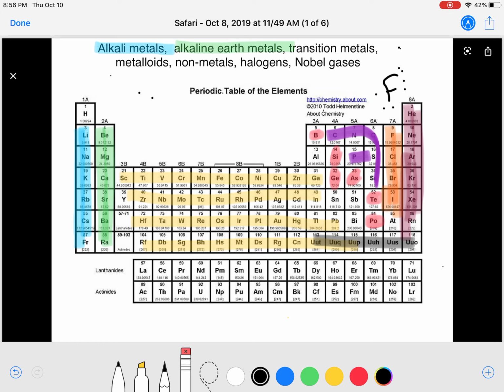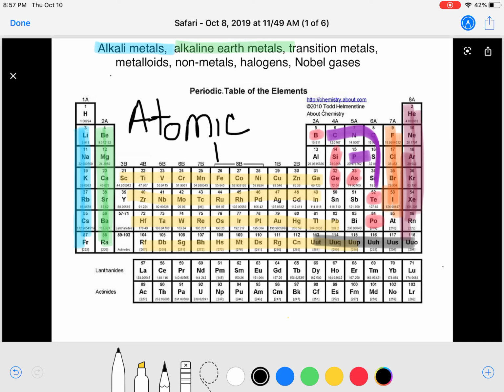Alright, and then there's one more that I want to go over that I didn't have a chance to type on the back, because I forgot about it until I handed it out. So what we're going to do now is go over atomic radius. Alright, so radius you normally think of with the circle and the line drawn out from the circle.